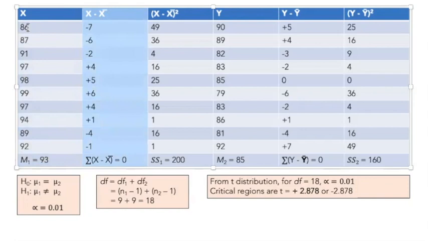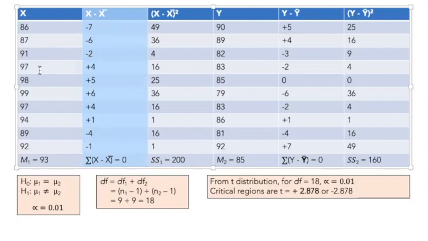So deduct 93 from 86. The value is going to be negative 7. Deduct 93 from 87. The value is going to be negative 6. Deduct 93 from 91, the value is going to be negative 2.